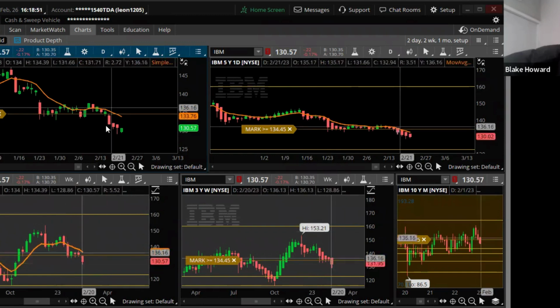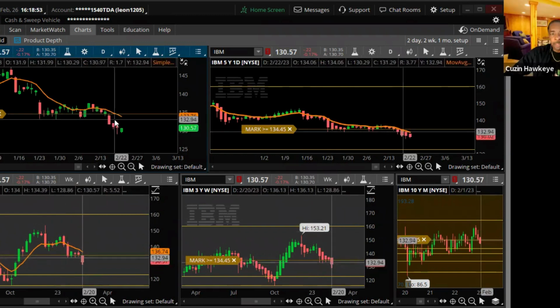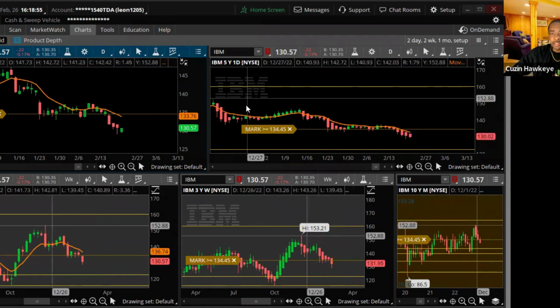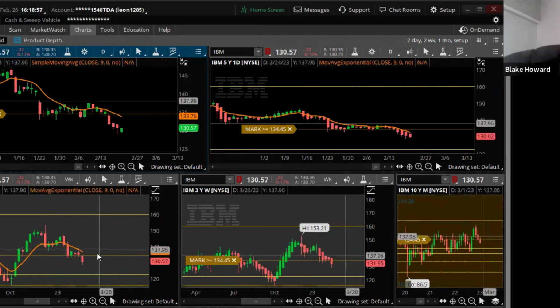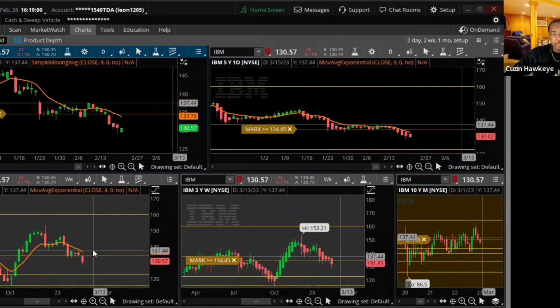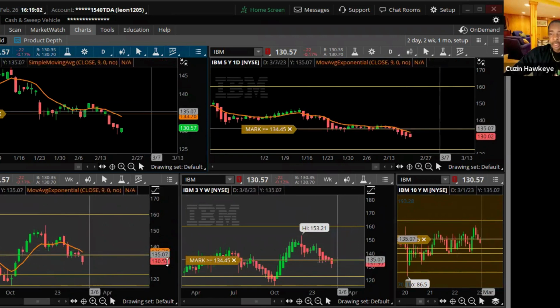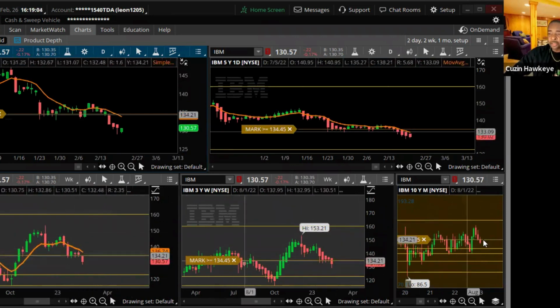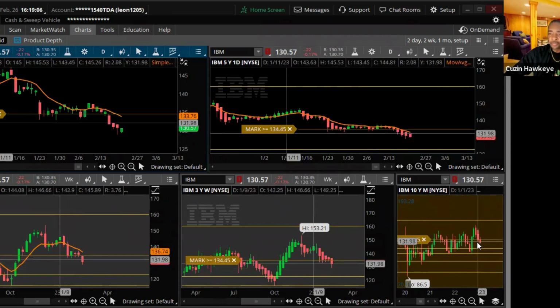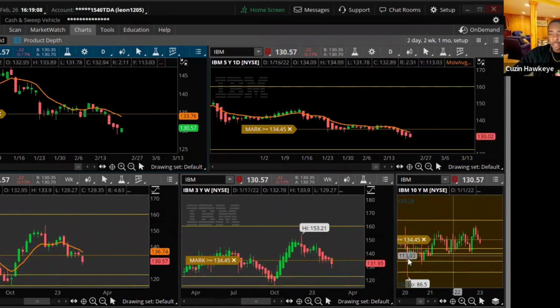So my reason is it's below the 9 EMA on the dailies, it has dropped below the 9 EMA on our weekly, and over here on our monthly, it's also pink. It's also dropping. But I don't want to automatically get in.